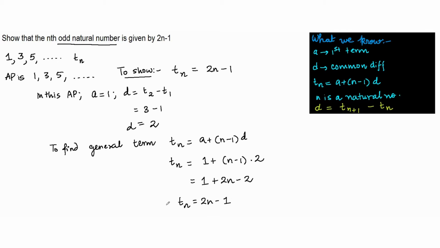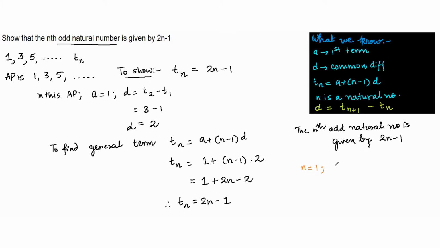Therefore the nth term of this particular AP is 2n minus 1, and hence I can say that the nth odd natural number is therefore given by 2n minus 1.